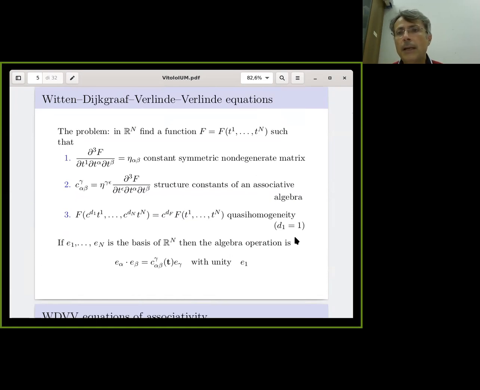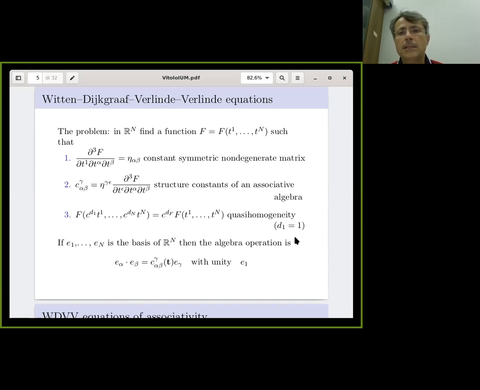So we are in R^n, and there are several properties on this function. First of all, the third order derivatives of the function, where one of the variables is always t1, which has a special meaning, form a constant matrix, which is of course symmetric, and we require that it is non-degenerate.